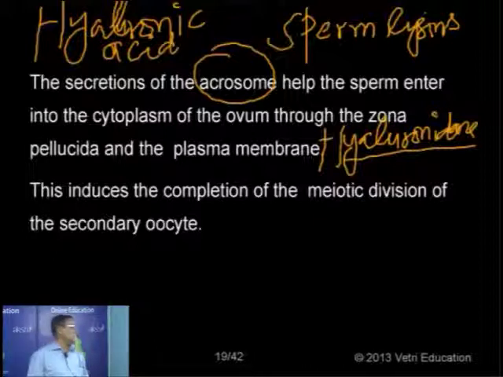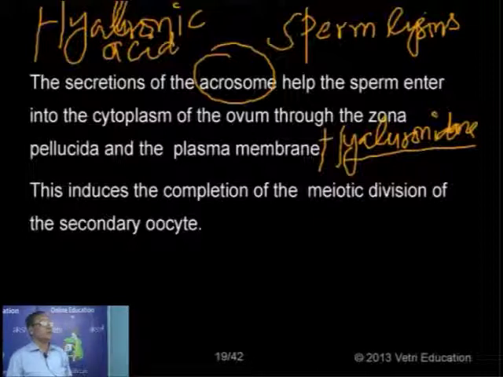Now what will happen? At a time a number of sperms are approaching, but only one sperm enters the egg. As soon as one sperm touches the egg, which has just completed the first meiotic division and is at the stage of secondary oocyte, it undergoes the second meiotic division.